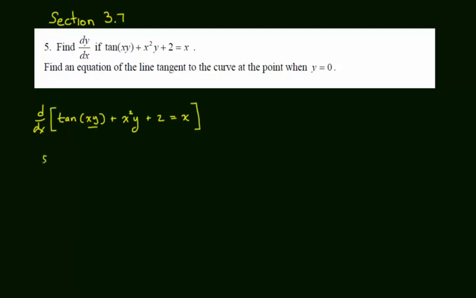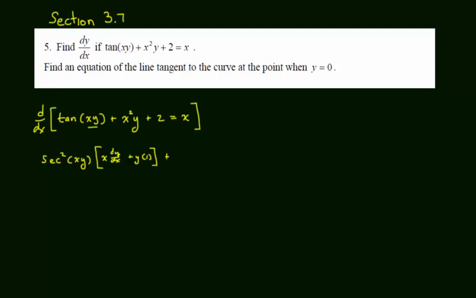The derivative of tangent stuff is secant squared stuff. Now we're ready for the derivative of the stuff, and we have first term, and then the derivative of y with respect to x is dy/dx. Remember, we treat y like it is its own stuff. Plus second term y times the derivative of x, which is 1.